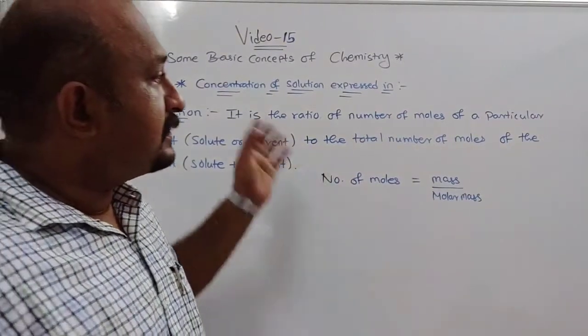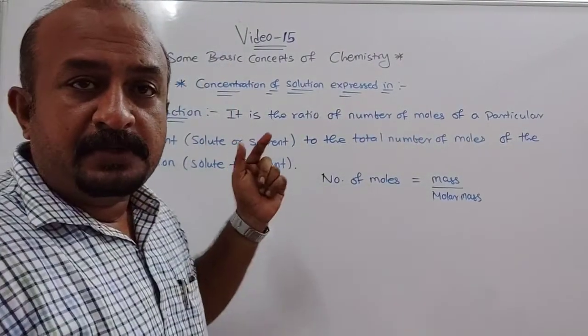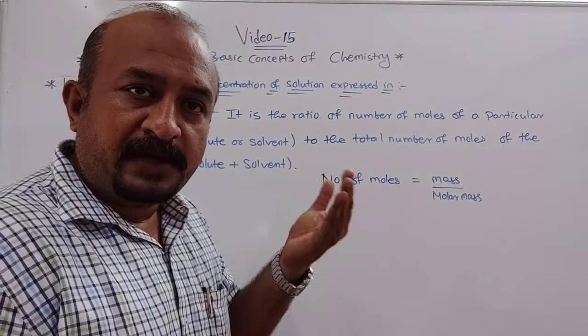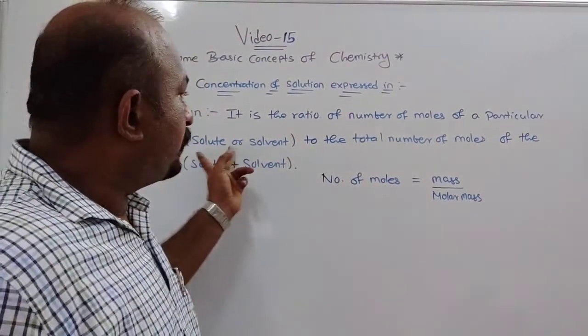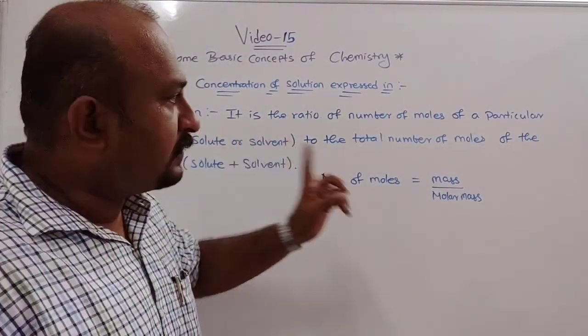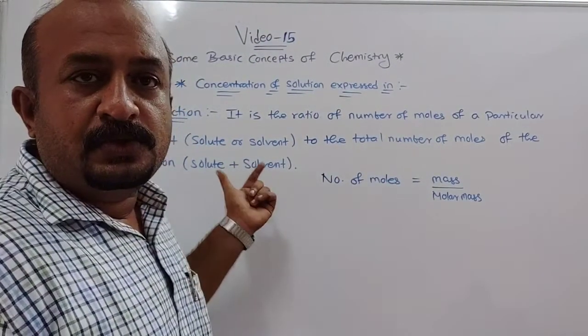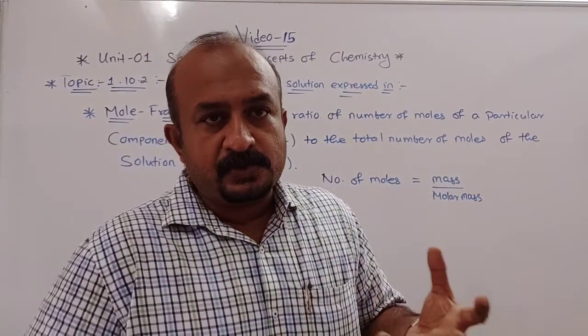But it is a ratio of the number of moles of a particular component. Component means solute or solvent. It means either you can find the mole fraction of solute or the mole fraction of solvent, to the number of moles of the solution. When we talk about solution, it is a mixture of solute and solvent.